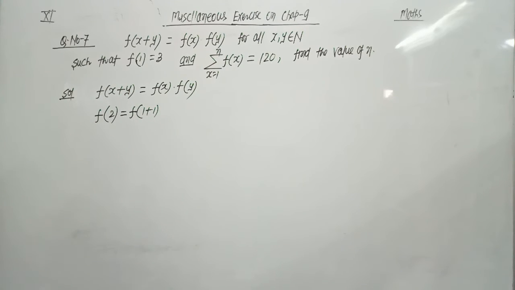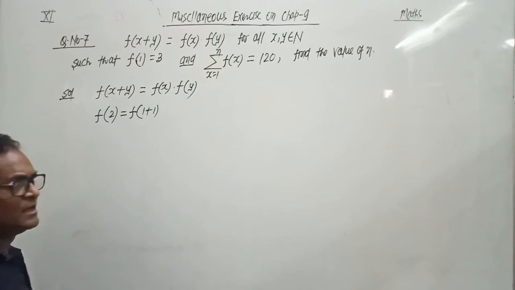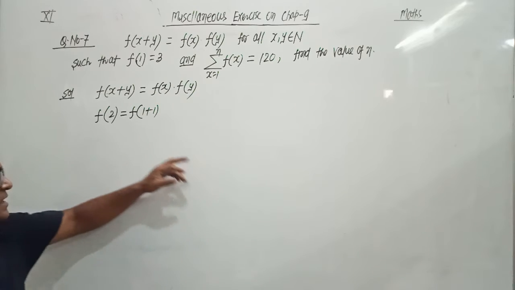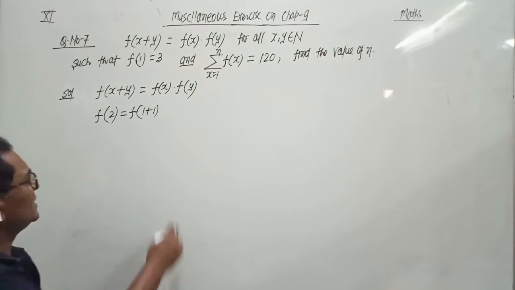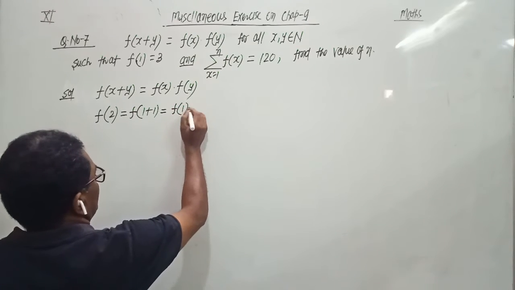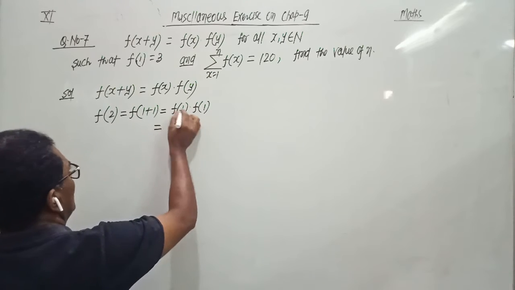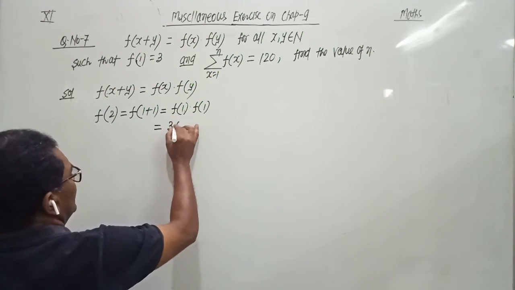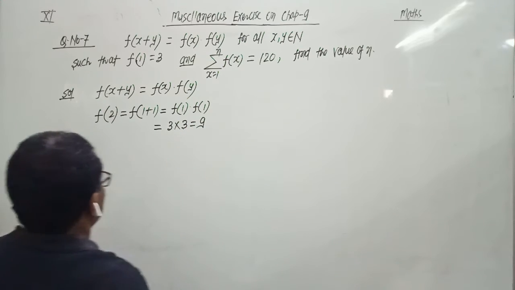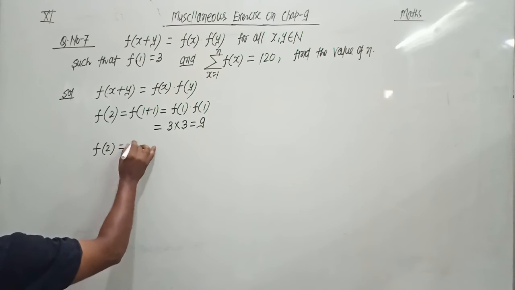So f of 1 plus 1 is written as f of 1 into f of 1. The value of f of 1 is 3, so 3 into 3 equals 9. So we get the value of f of 2 equals 9.